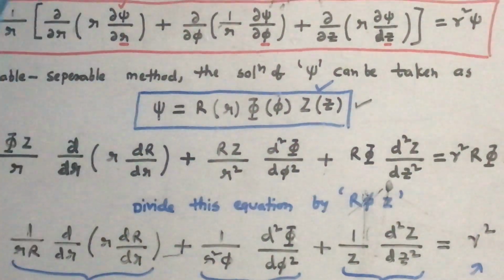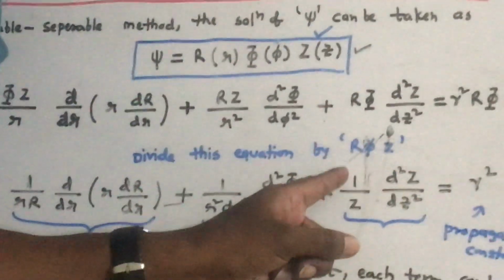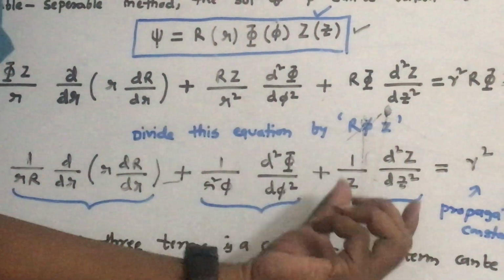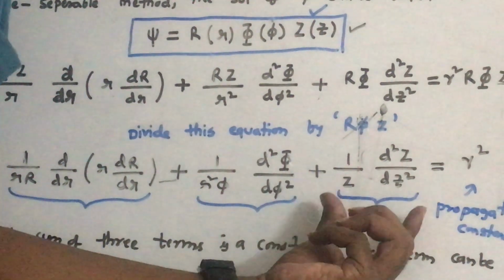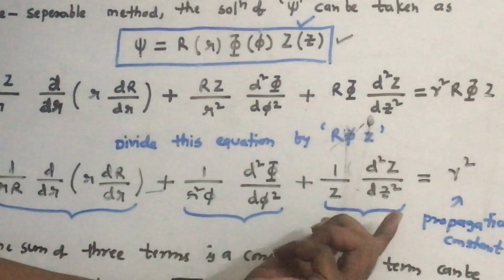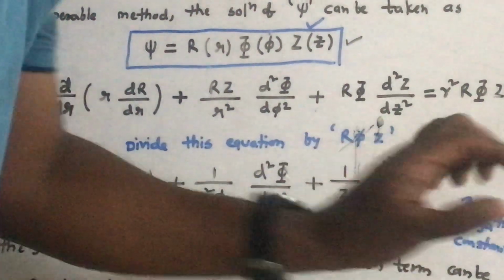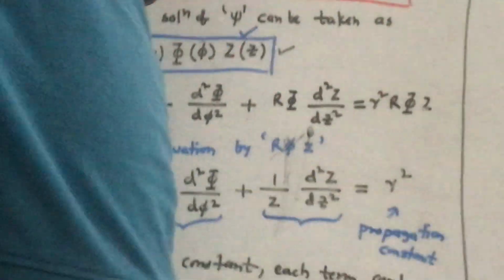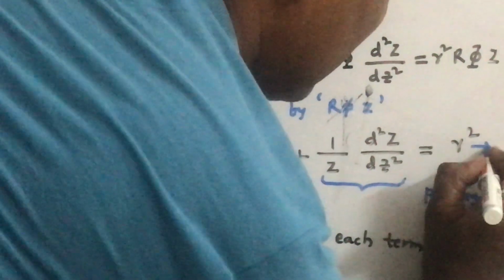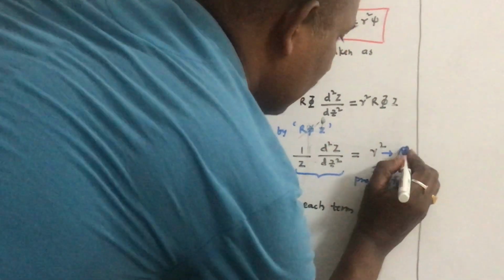Now substitute what we have assumed, 1 by Z into d square Z by dz square, as gamma g square. Say this is equation 1.